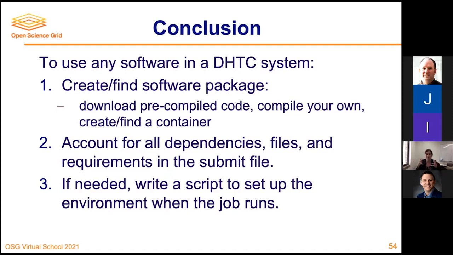We create or find the software we need, either as a set of files, a binary, a folder, or a container. Once we have that thing, whatever it is, container or tarball, we account for that in our submit file, either using transfer input files if we have files, or using the container image options if we have a container. Any requirements that are needed for our particular code all go in the submit file.